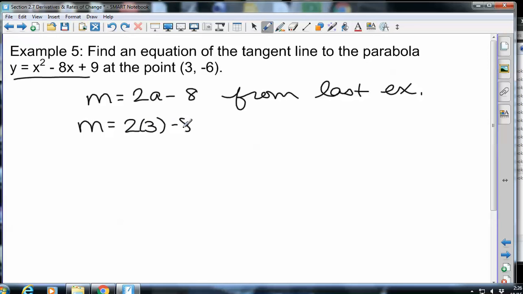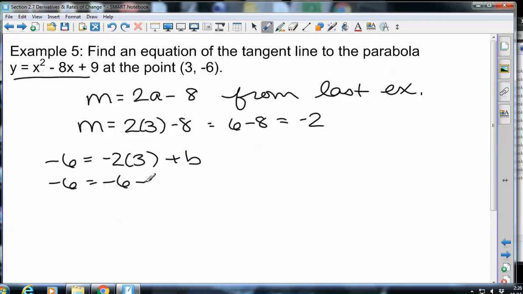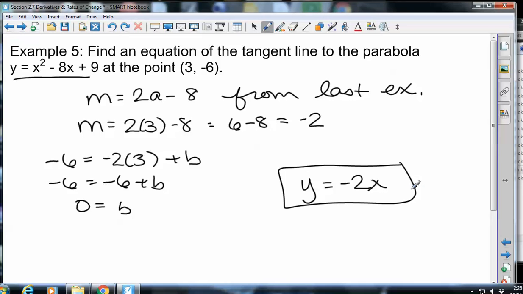So now you can plug in, what's your a value? 3. Add your 6 over. And you get your overall equation.